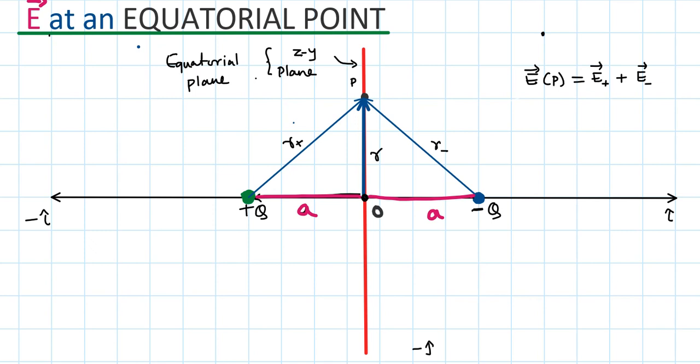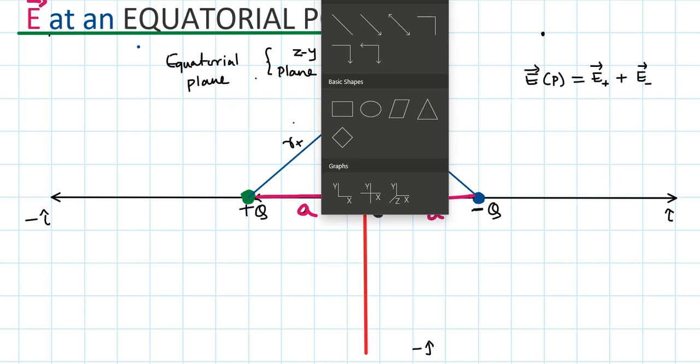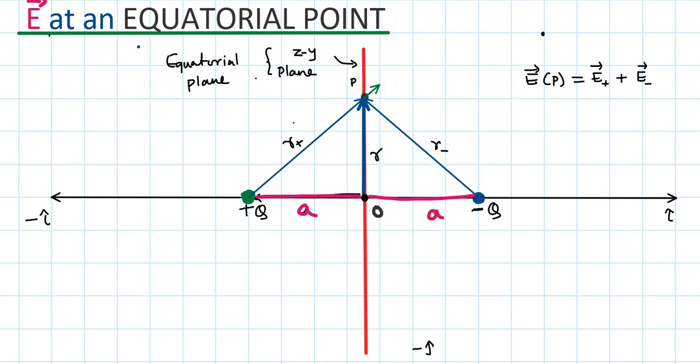That means the charge plus Q will have an electric field at P and its direction will be along its radius. Since it's positive, it should be radially outwards for charge plus Q. Now what about the charge minus Q?